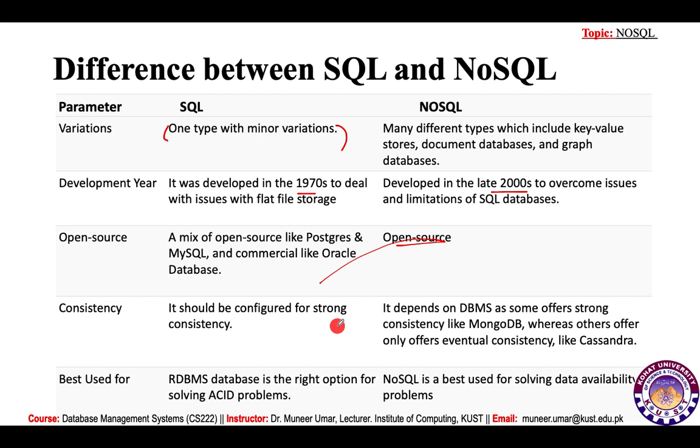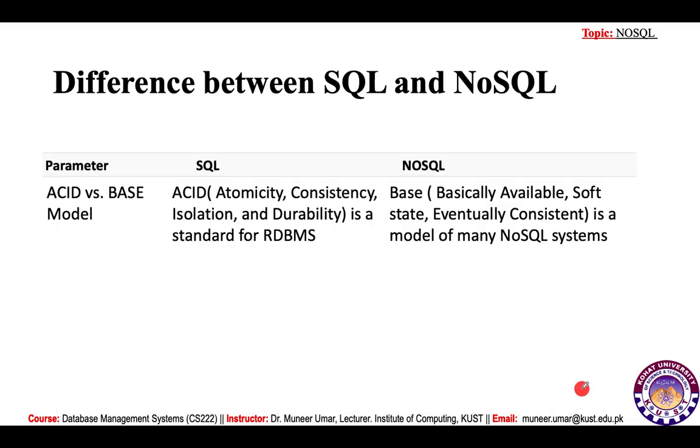Relational databases are suitable for solving ACID problems. Actually, relational databases, SQL, follow the ACID properties, while NoSQL mainly focuses on the availability of data, not the consistency. Then we have two things, ACID and BASE.